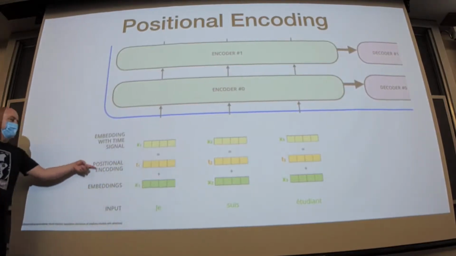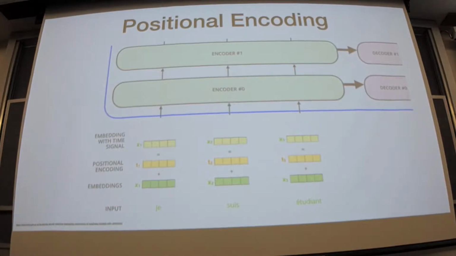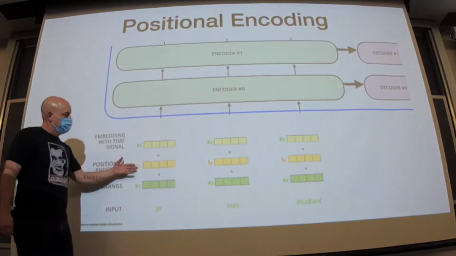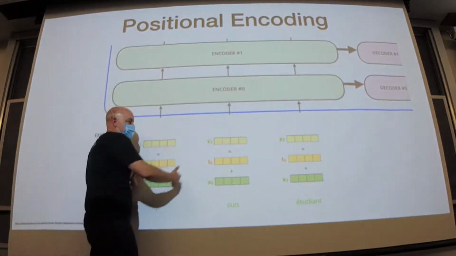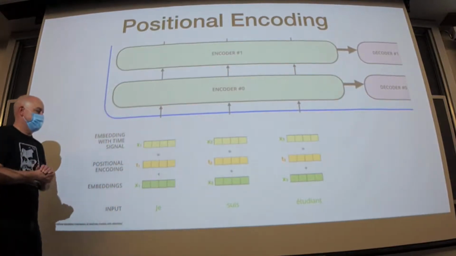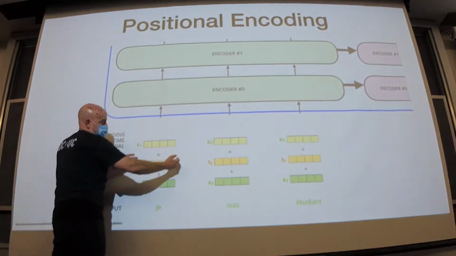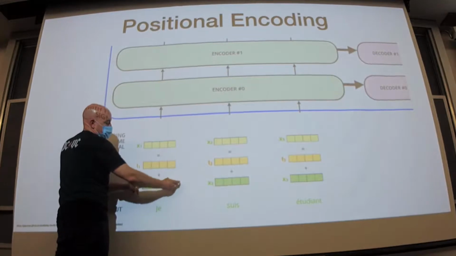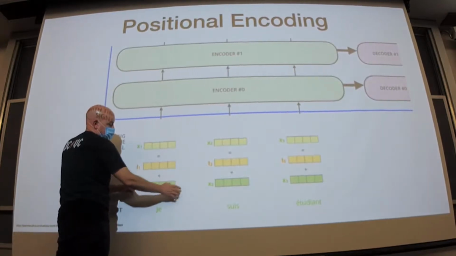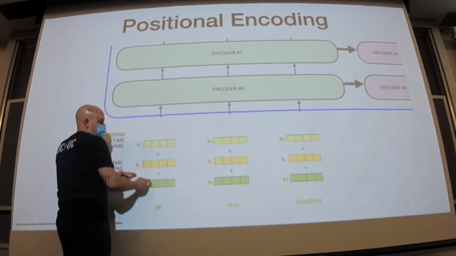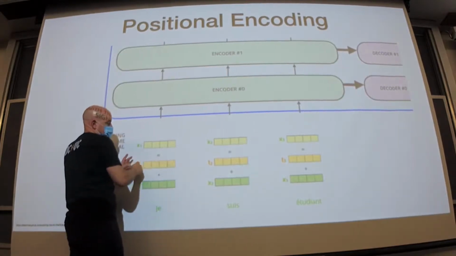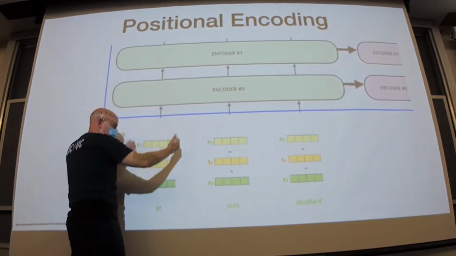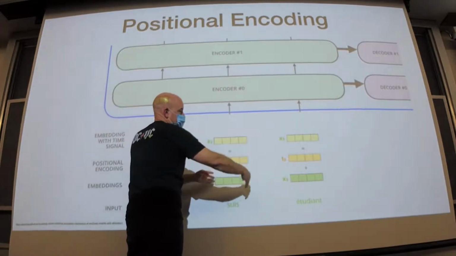another vector known as a positional encoding. And the positional encoding is what it sounds like. It's a way of encoding which position in the input this thing is at. So there's a vector here that depends on the length of our embeddings, our encodings, that is calculated to represent this is the first token, and then another one that this is the second, and this is the third.